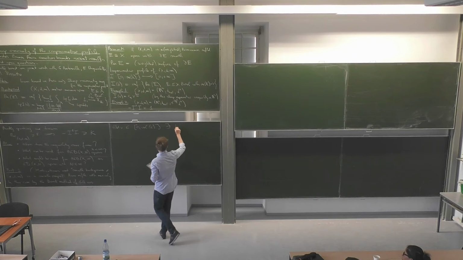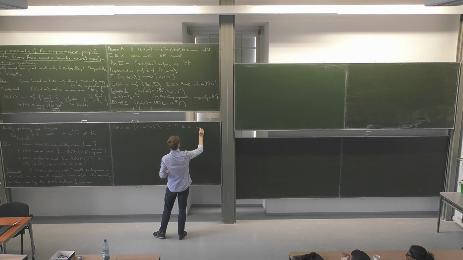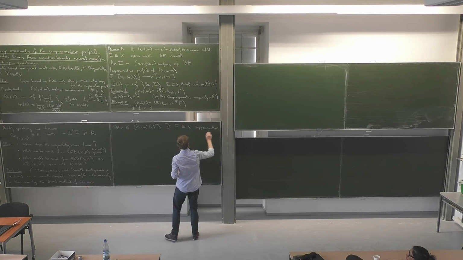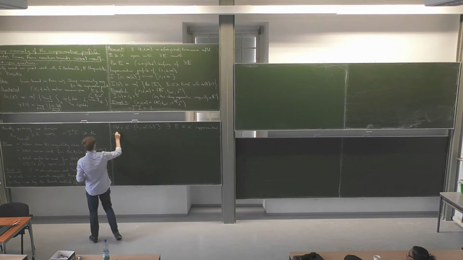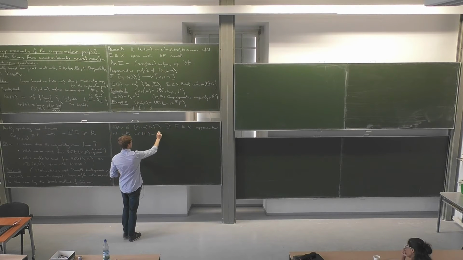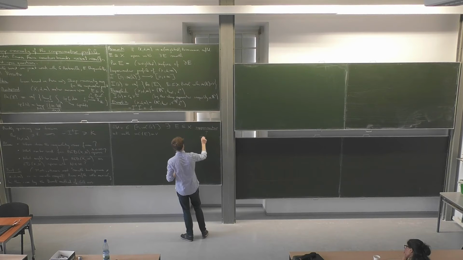There exists E contained in X, an isoperimetric set with volume of E equal to V. But as I said, isoperimetric means that it is an optimizer for the definition of phi.